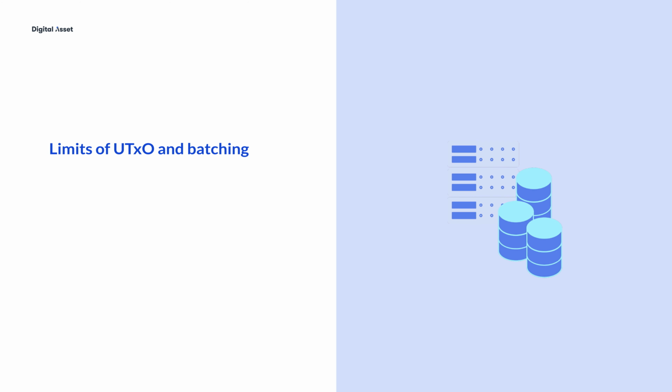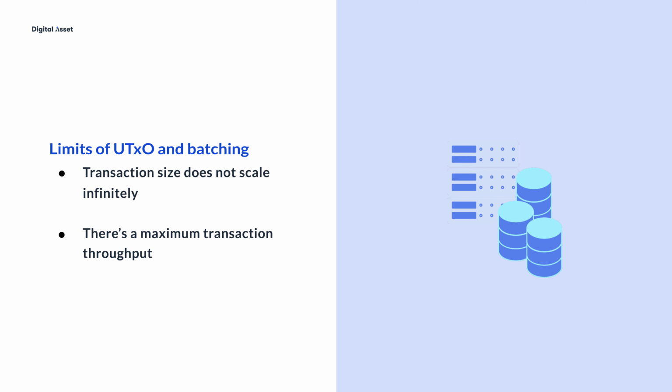The issue is twofold. For any given Canton deployment, there will be both a maximum transaction size and duration before the system will start to reject them to protect its own stability. Also, for a given node, there is a maximum transaction throughput that is only partially affected by transaction size and duration.